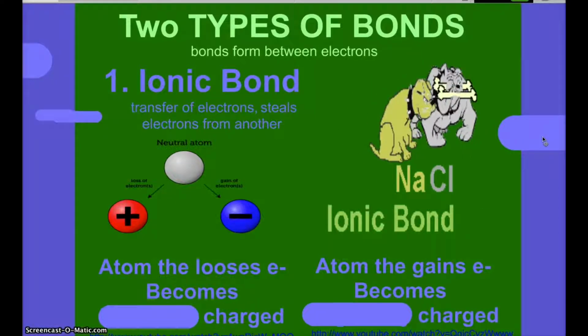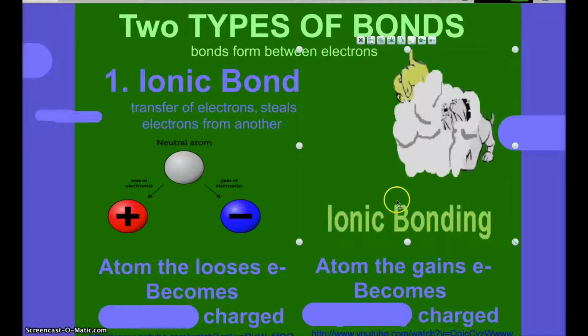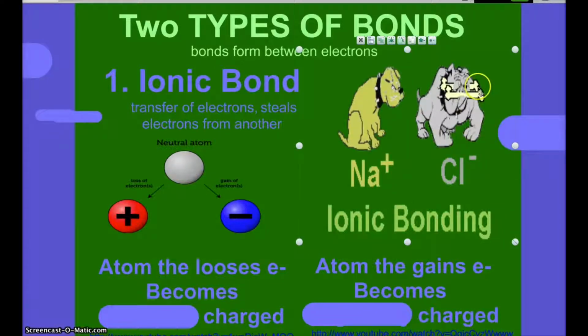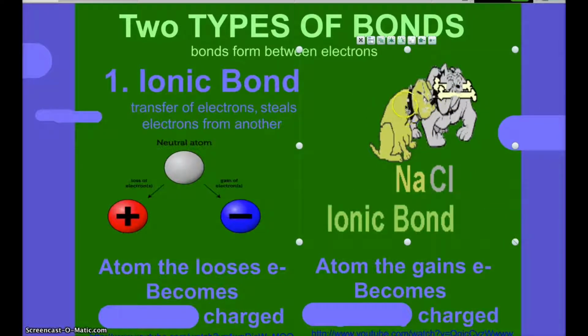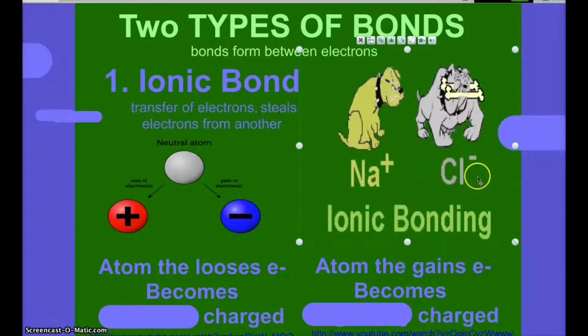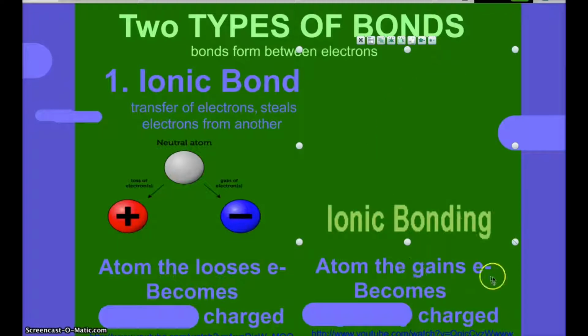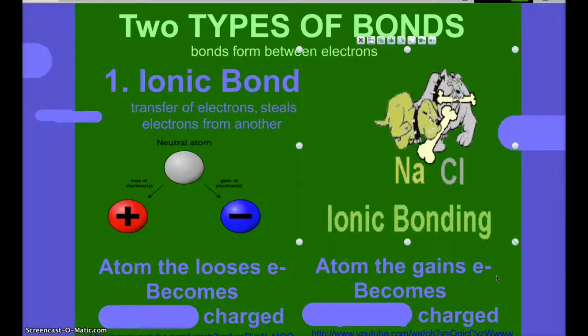Here's the tricky part, okay? This is vocab up to now. Everything we've learned is vocab. This requires some thinking. So here was the dog with one bone, the dog with the other. This dog that ends up with two bones ends up with a negative charge. So the atom that gains an electron becomes what?